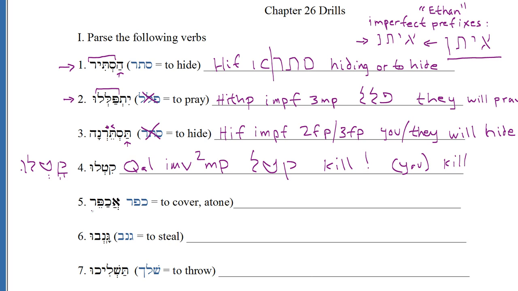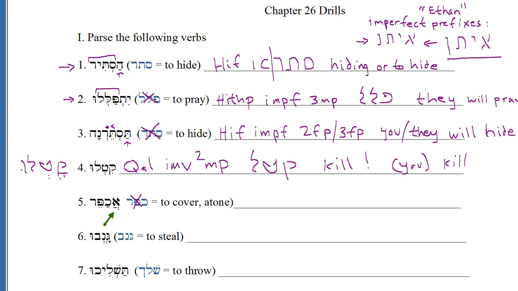Alright, let's look at number 5. We have ekaper. This is a newer word. I believe it was given perhaps in one of the more recent chapters of kafar, but pretend we don't have that. We do have the aleph. It looks like one of our prefix consonants, and sure enough it is one of our prefix consonants from Aton. And so kafar is a good choice for the root. The aleph would give us a first common singular. We need to look at the prefix vowel.